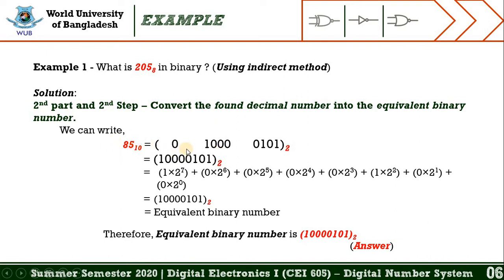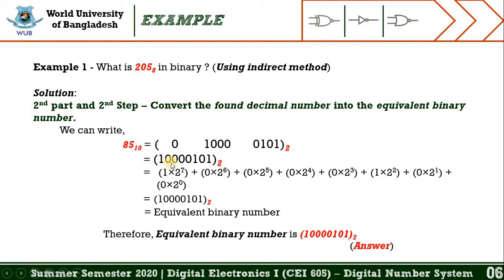That's why we have written 85 base 10, which is 01010101 in base 2. We already ignored the leftmost 0, because when we convert the decimal number into binary, we need to group 4 digits in each group. That's why the leftmost 0 is ignored.